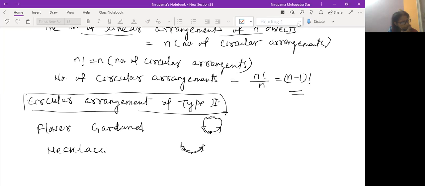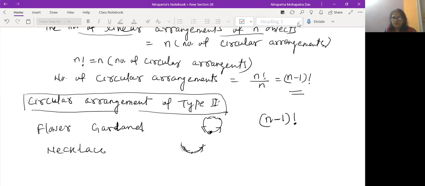So when clockwise and anti-clockwise arrangements are considered, in the case of a garland and a necklace, they are not different. So when observation can be made from both sides, the number of circular arrangements will be what? Whenever you are arranging them, you arrange in factorial n minus 1 ways. But as I said, whichever direction you may look at, the arrangement is the same.